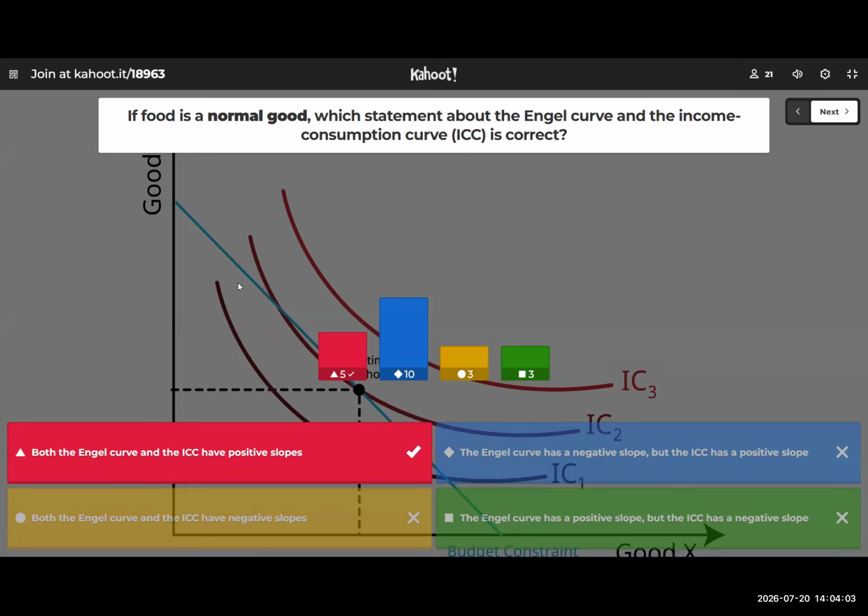So the Engel curve is going to increase, which is positive, and also the income consumption curve, right? So both of them have positive slope. I think you guys are confused about normal good, giffen good, inferior good. When can we say which one is which?